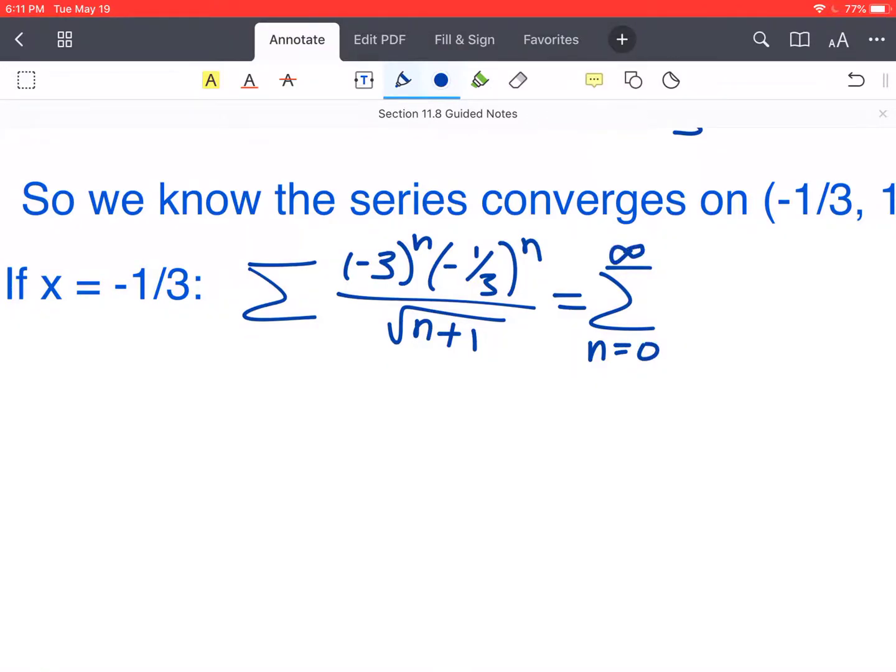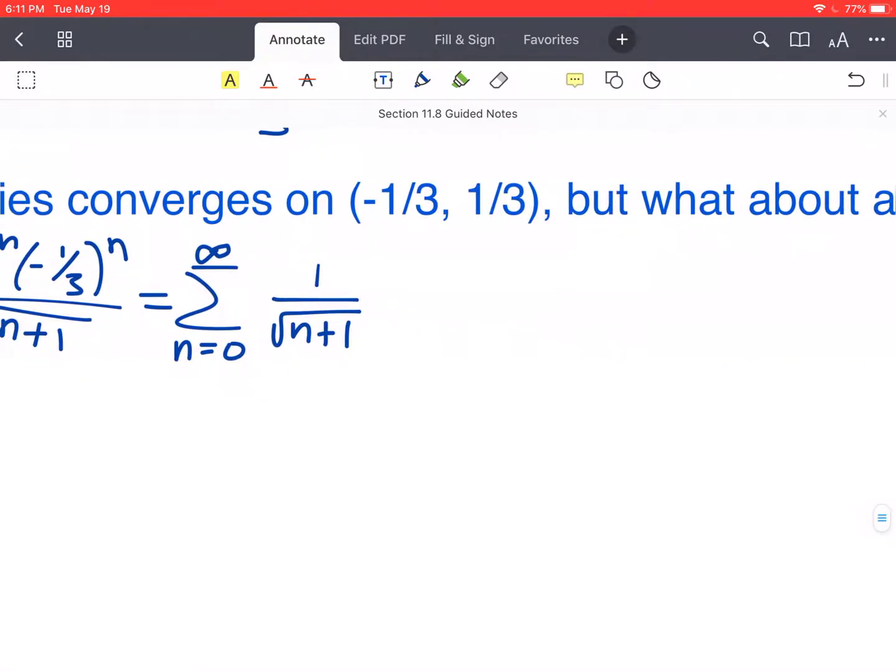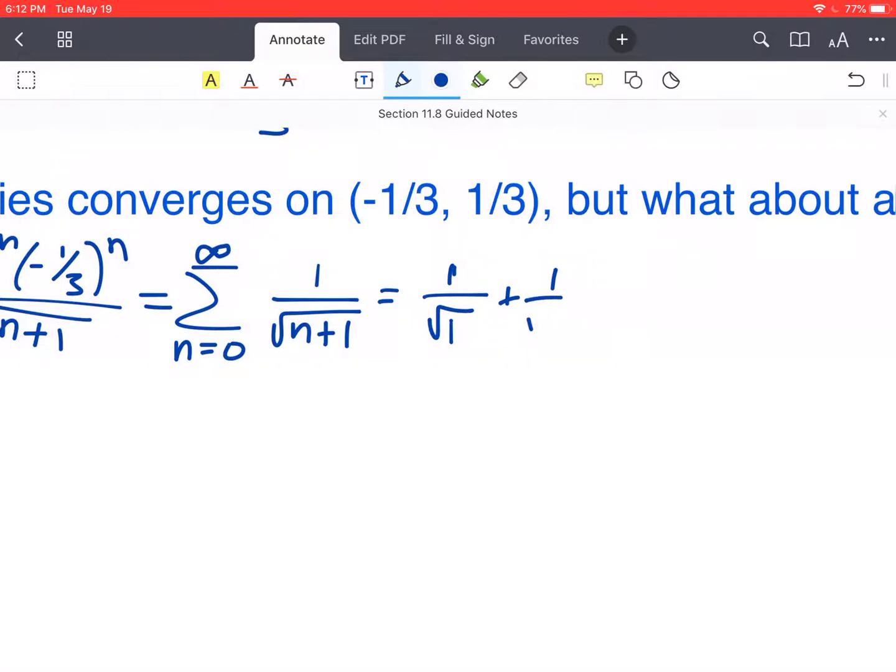You can combine those values in the numerator because they share the same power, so this just becomes 1 over square root of n plus 1, with n going from 0 to infinity, so this looks like 1 over root 1 plus 1 over root 2 plus 1 over root 3, etc.